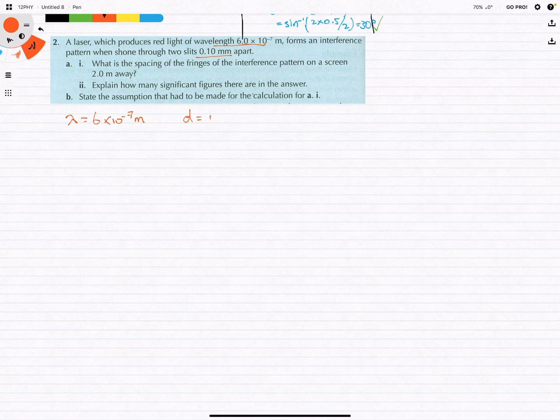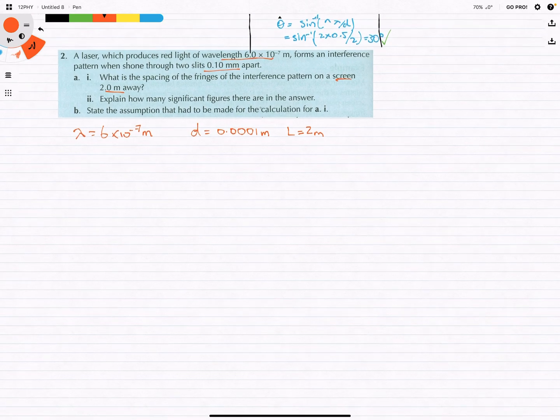It's going to be 0.0001 meters, I believe. We will see in a minute. We also know the pattern is on a screen 2 meters away, so L equals 2 meters.